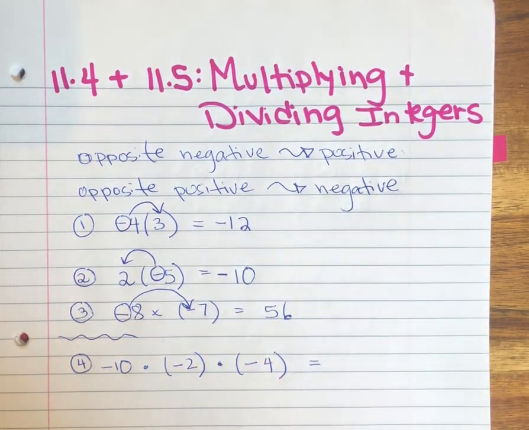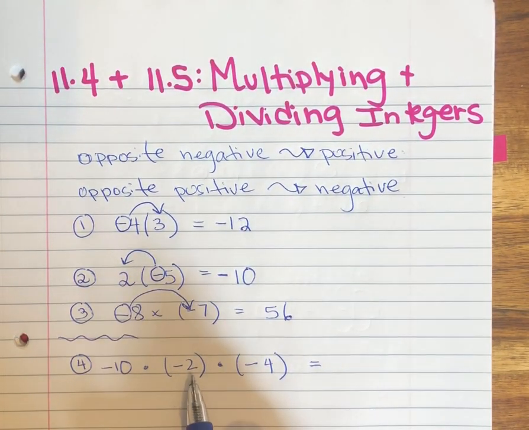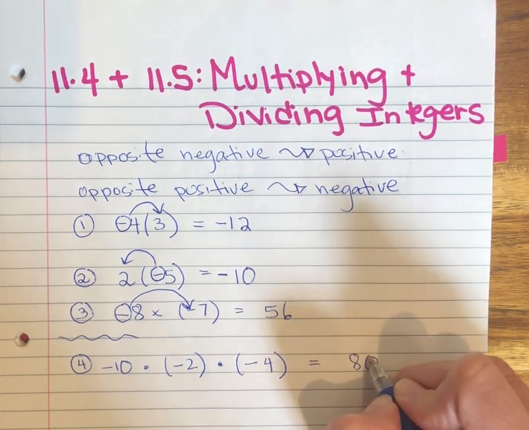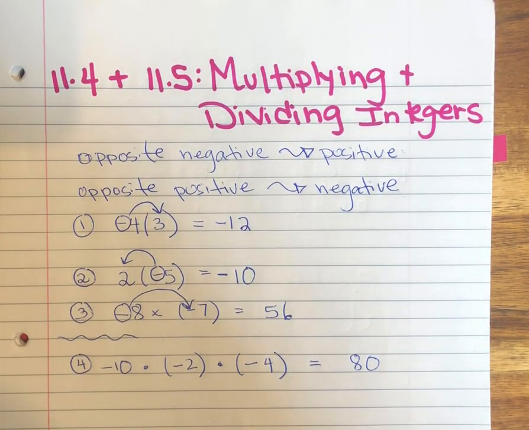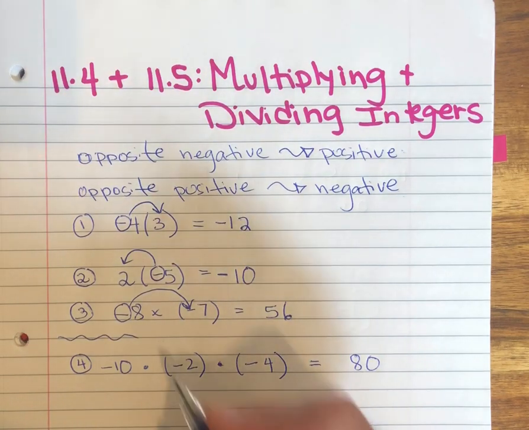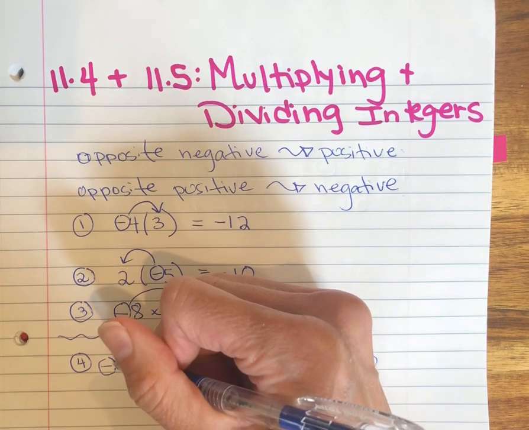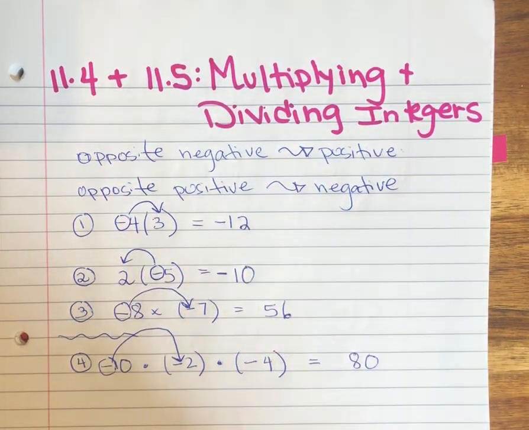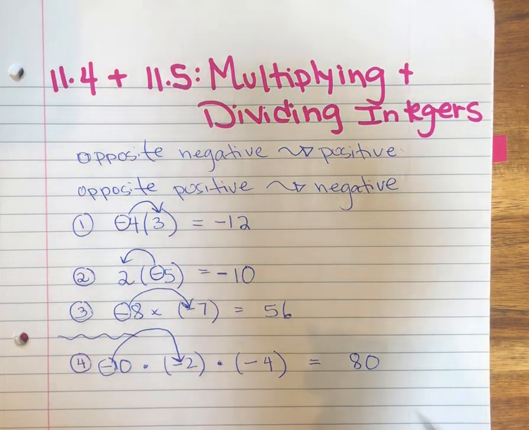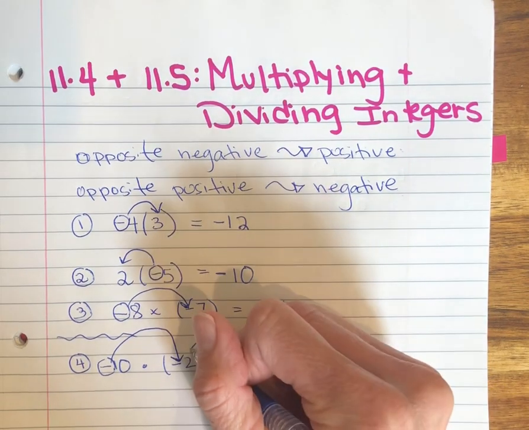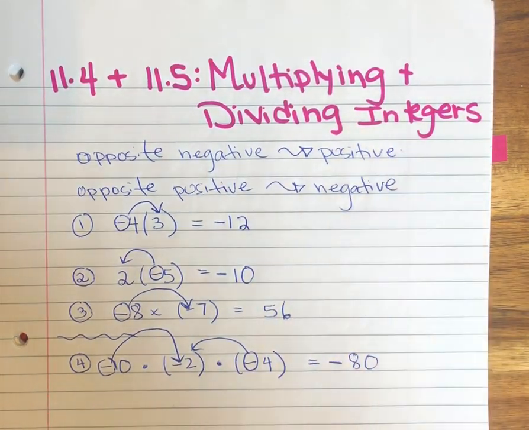If we look at the computation first, 10 times 2 is 20, times 4 is 80, but the most important thing we have to make sure is we determine the sign of our answer. So we would think of it as the opposite of a negative is a positive, and the opposite of that positive is now a negative.